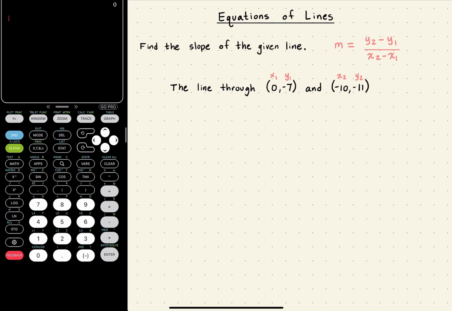Now we have all of the information. We just need to plug and chug this information into the formula. And that's what we'll do next. So the formula calls for y2, and that is here, that's negative 11. So we will do negative 11.